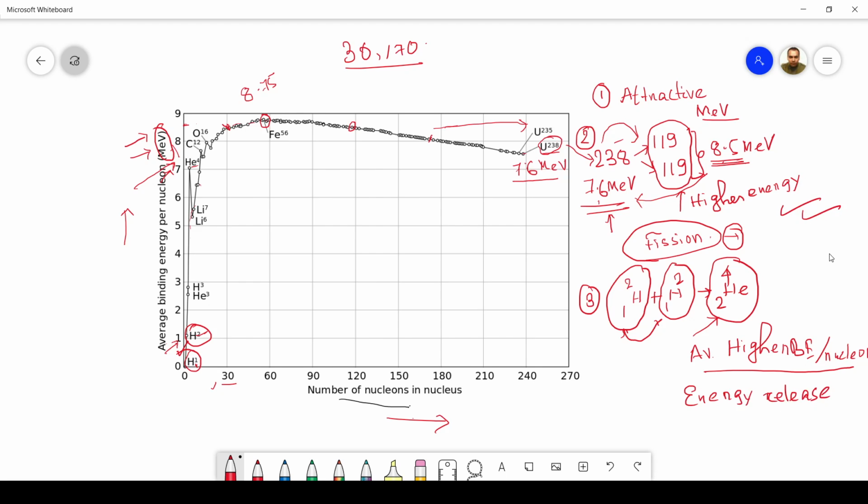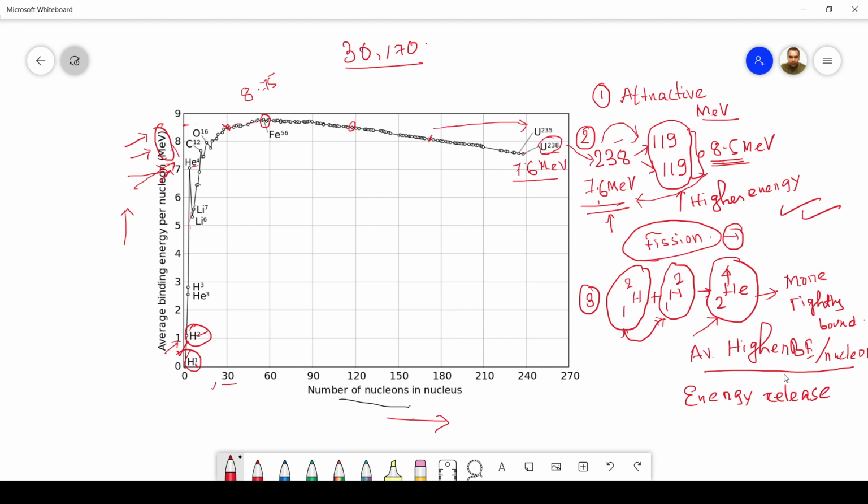That means helium 4 nucleus is more tightly bound. Why? Because it has higher binding energy per nucleon. So helium 4 will be more tightly bound as compared to the initial two hydrogen nuclei, and in this process also energy would be released.